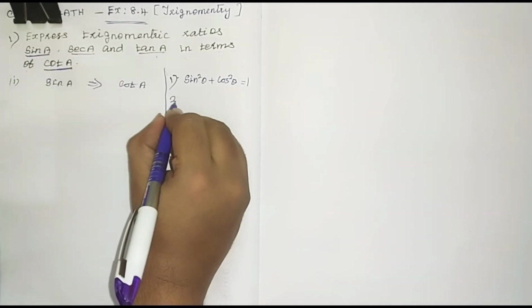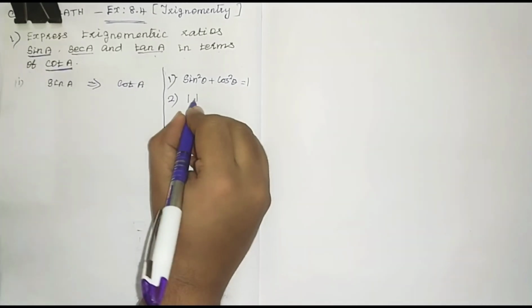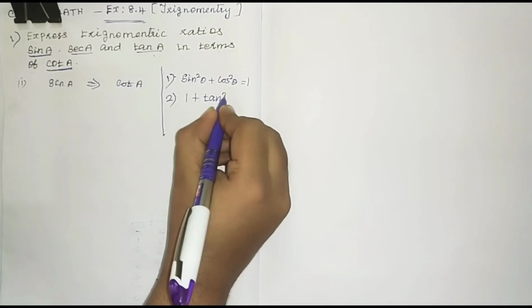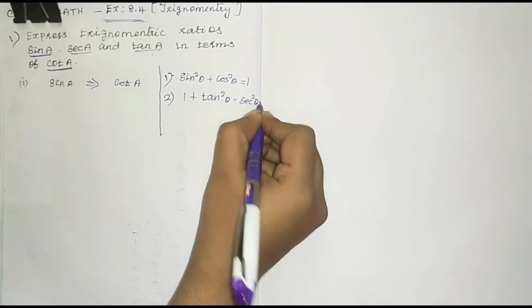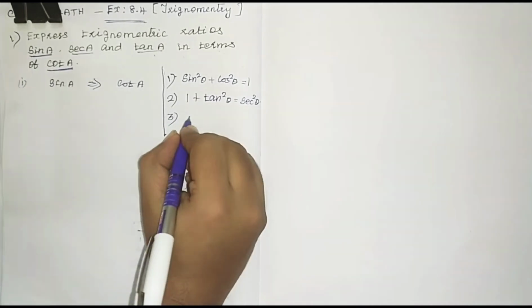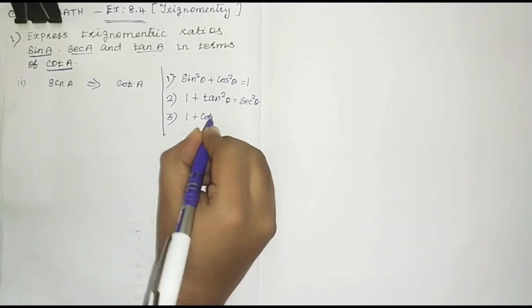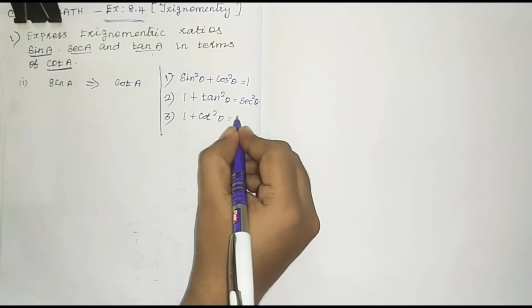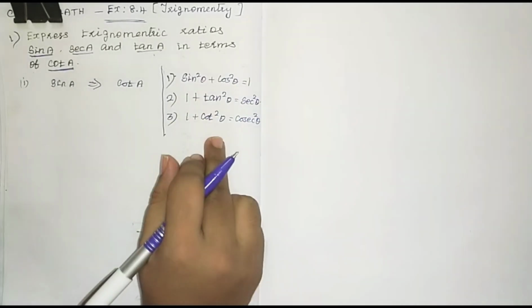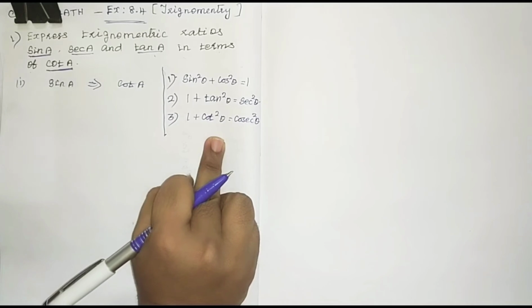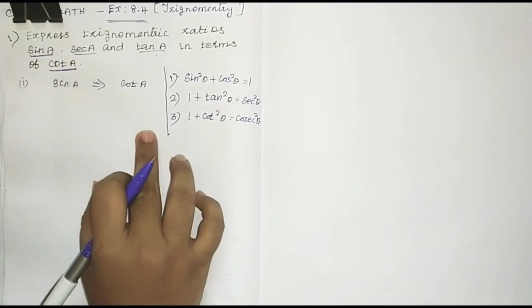The second trigonometric identity is 1 plus tan square theta equal to secant square theta. The third trigonometric identity: 1 plus cot square theta equal to cosecant square theta. So memorize these three trigonometric identities, then we can solve the sum easily.